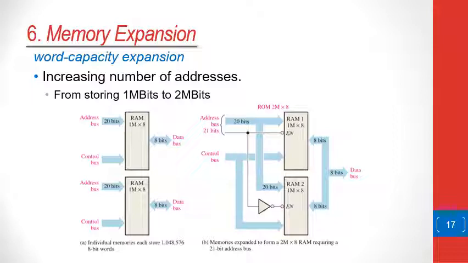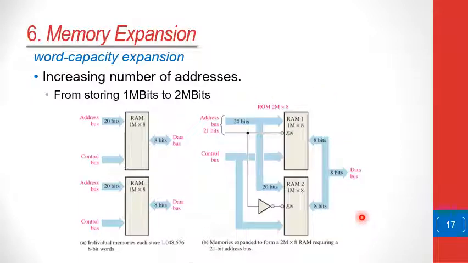The example shown below shows a word capacity expansion from about 1 million addresses, whereby we have 20 bits addressing a single RAM, to having twice as that, 2 million addresses.